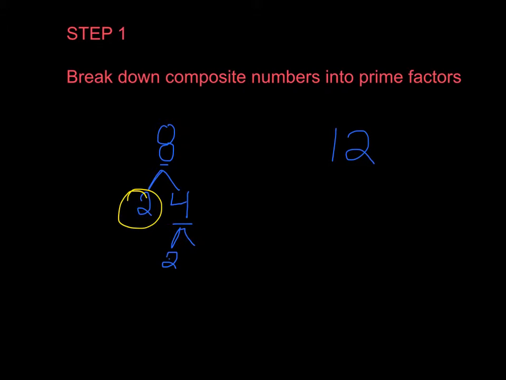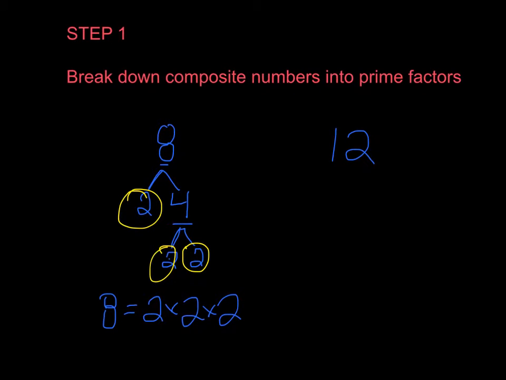I can still break that down more. So 4 divided by 2 equals 2. And now I have my prime factors for 8, and that is 2 times 2 times 2.